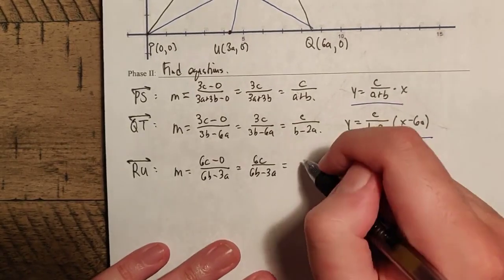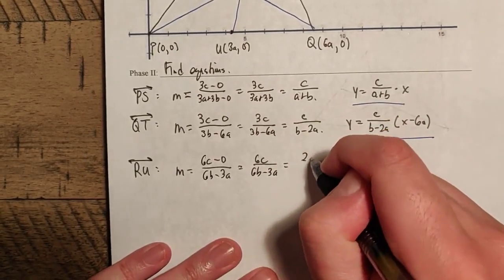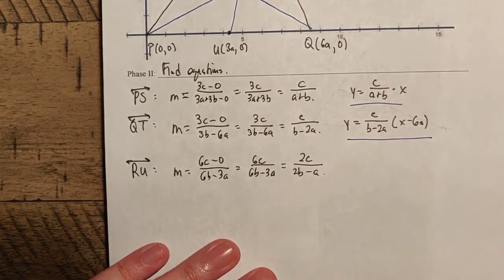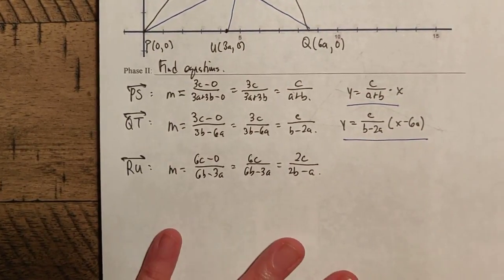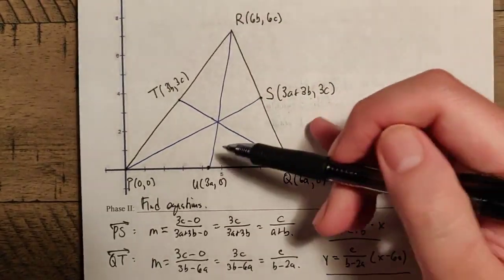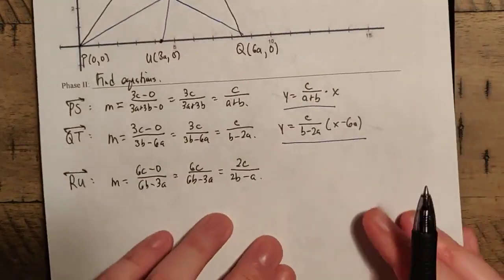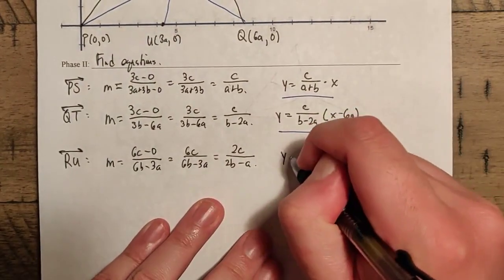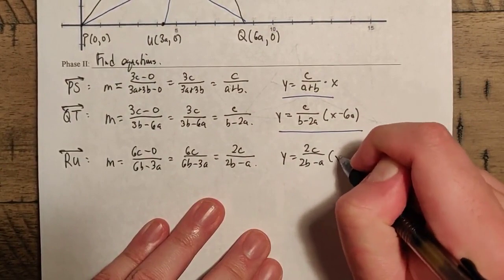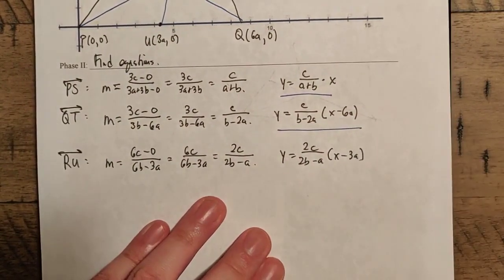And we divide everything by 3 here again. We end up with 2c over 2b minus a here. And again, just like before, back in our picture here, we're going to pick the point U. We have the slope, so it's going to be y minus 0 yet again. So it's y equals the slope, which is 2c over 2b minus a times x minus 3a here.